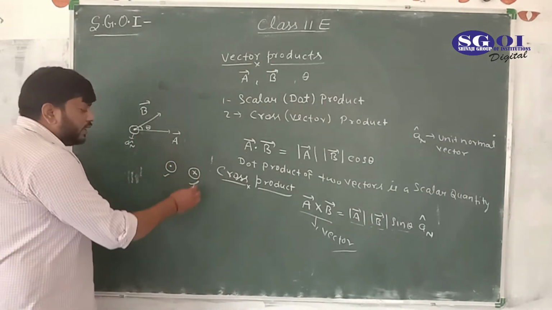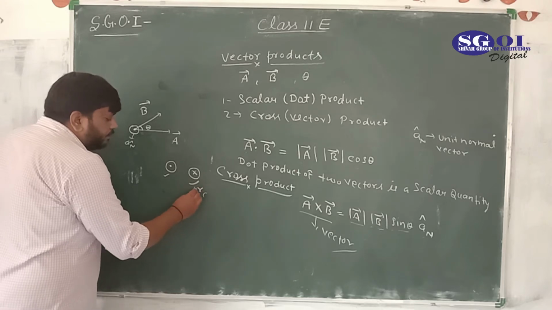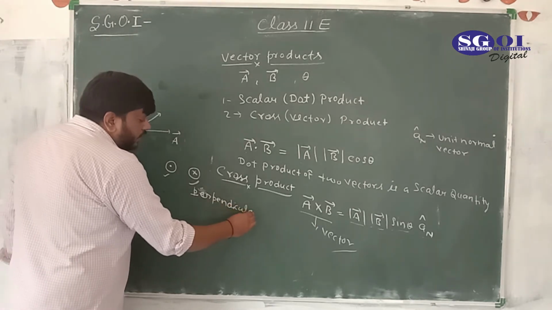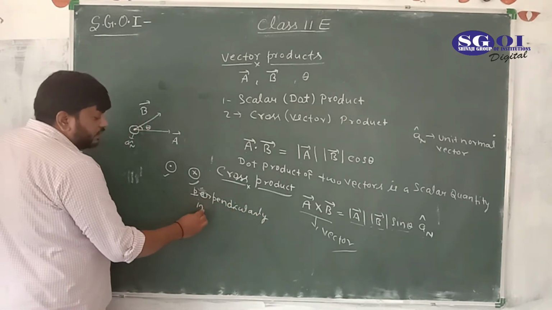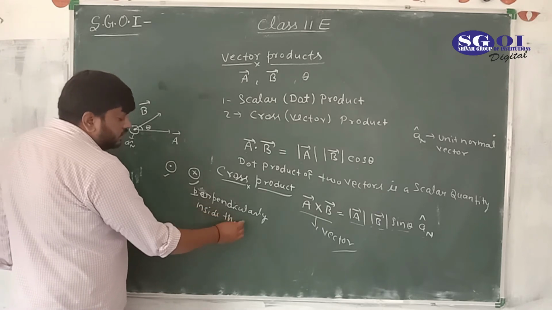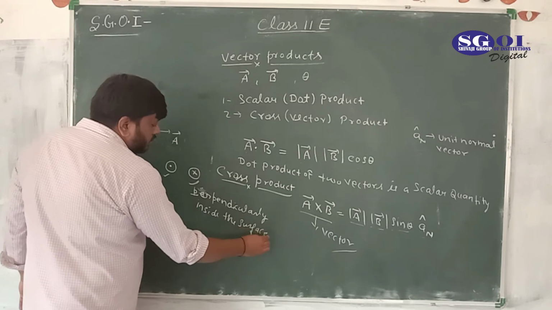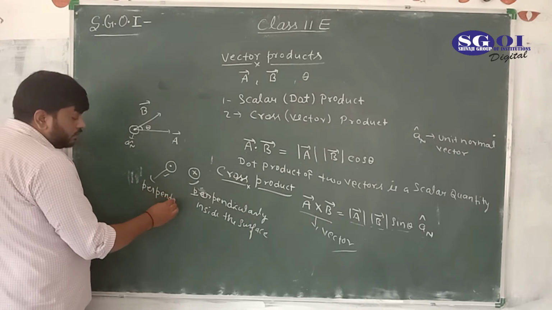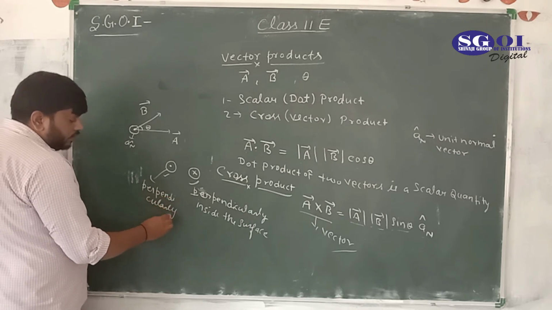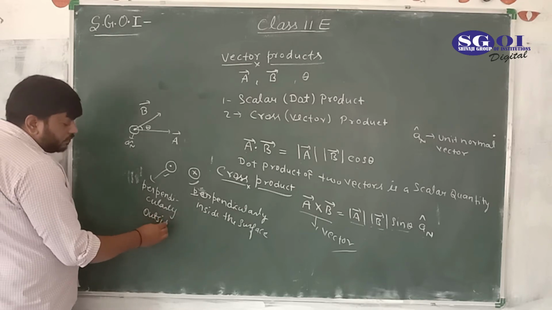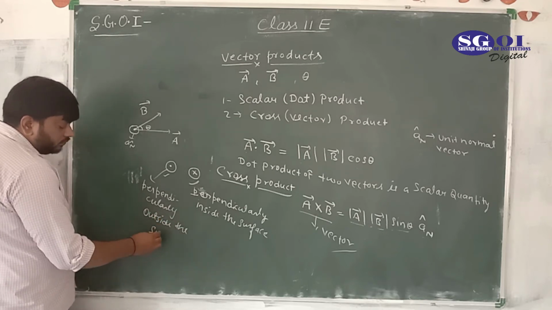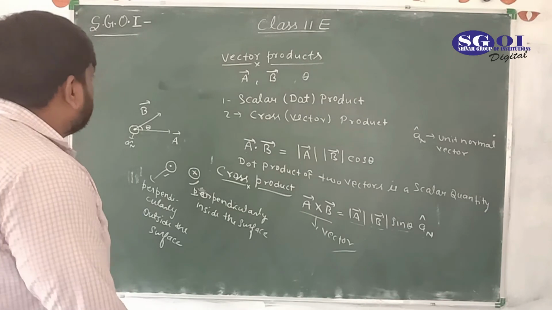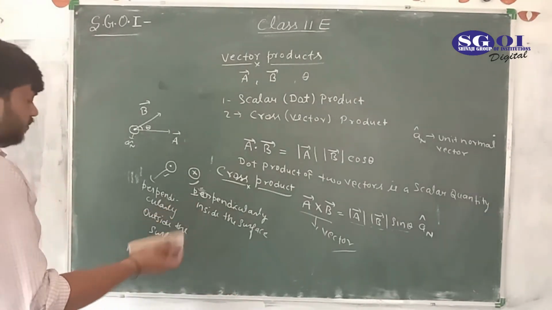These two points are very important. Suppose this is a blackboard and we have two options. This is perpendicularly inside the surface. This is perpendicularly outside the surface. Okay, so these are the vector products. We would discuss some more concepts here.